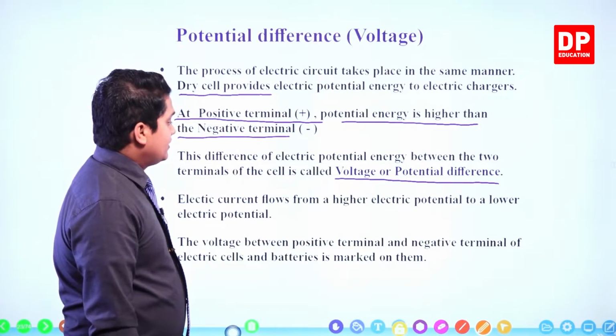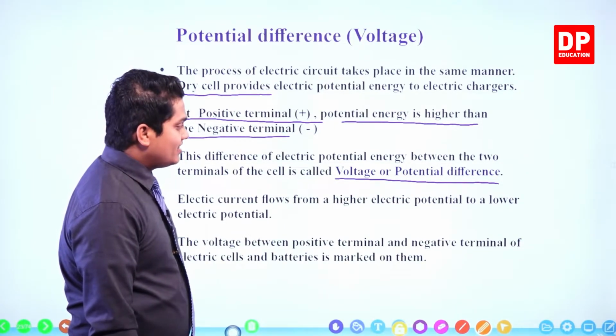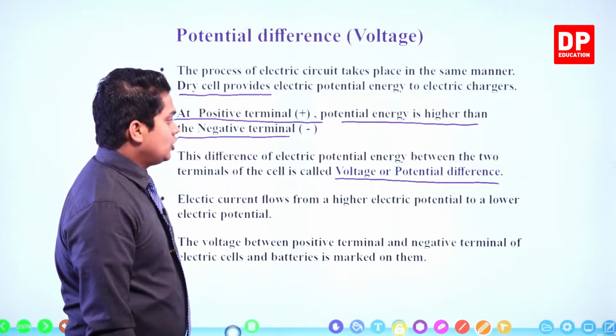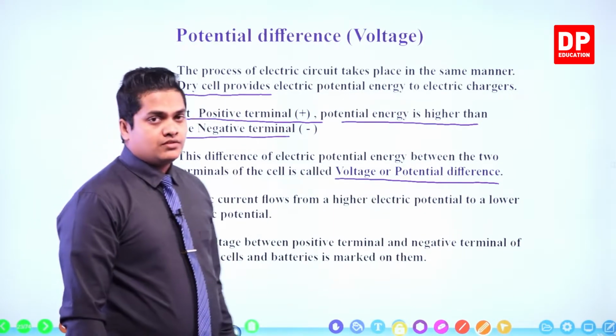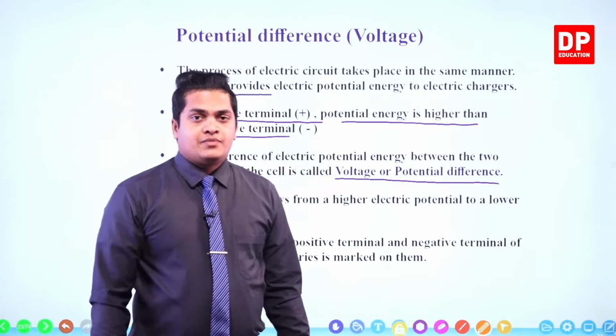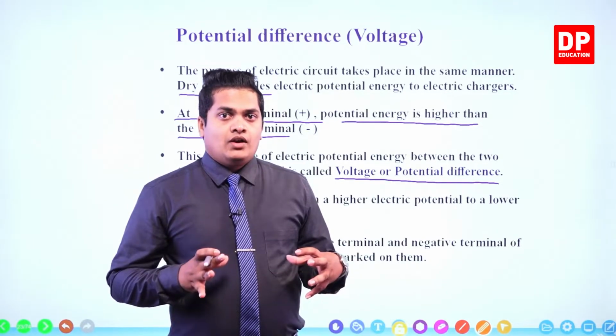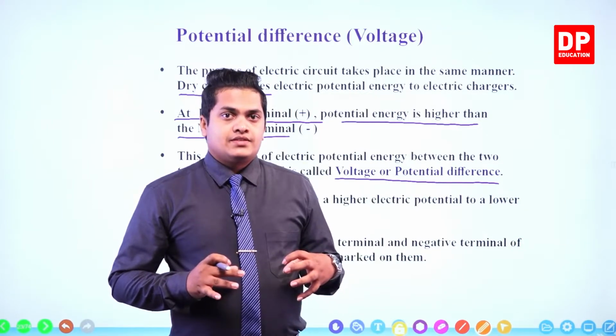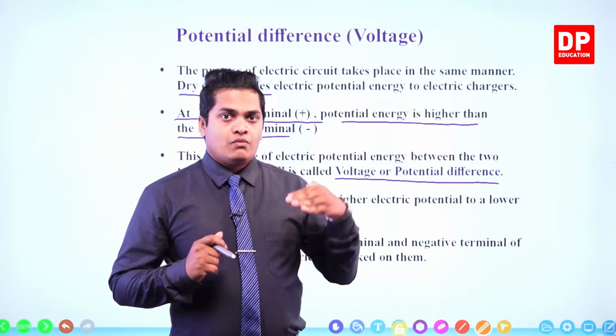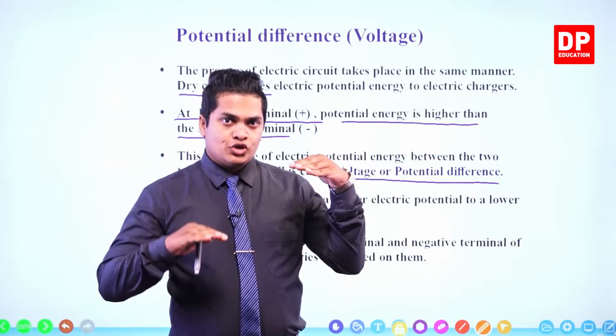Electric current flows from a higher electric potential to a lower electric potential, obvious, right? Because all the time, any kind of thing, any kind of material, is going to flow from a higher level to a lower level.